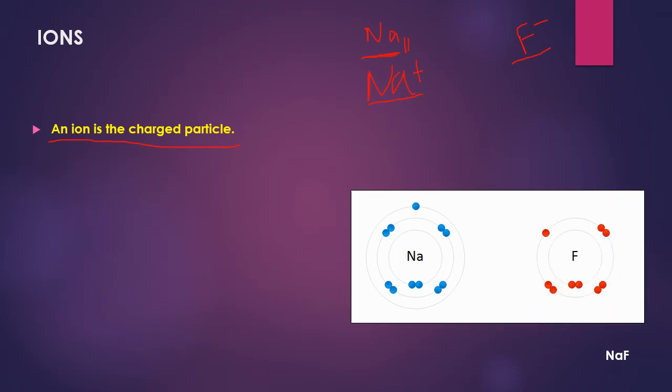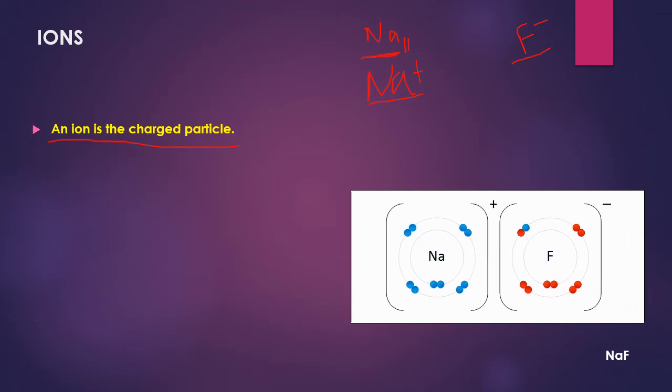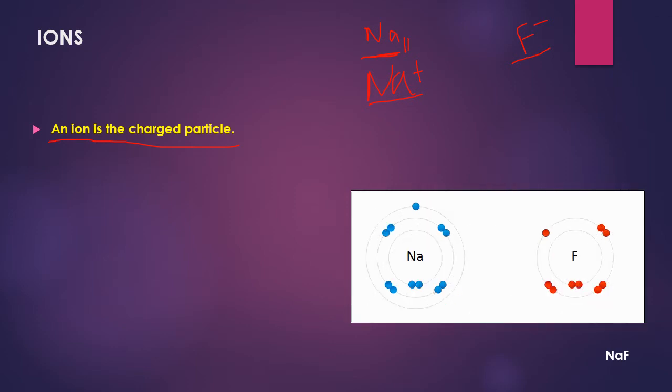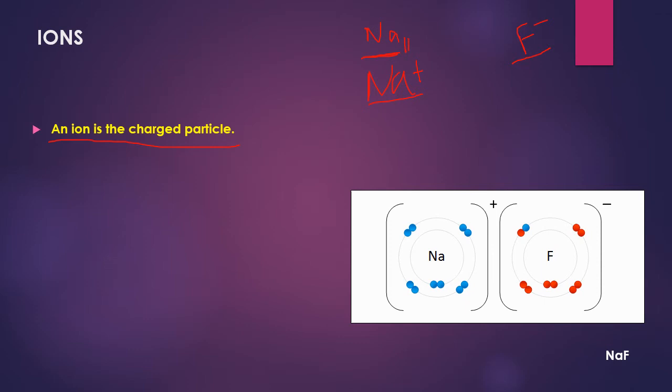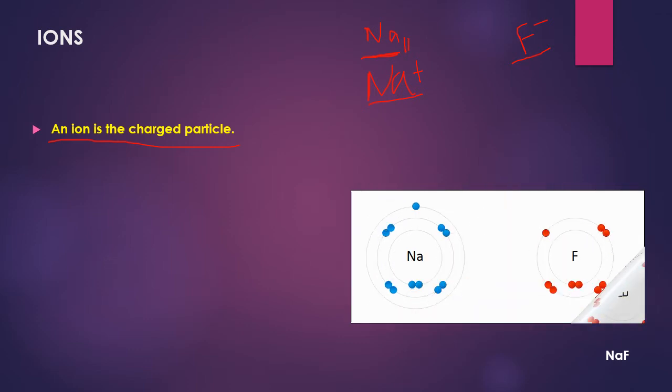Why? You know, number of protons and number of electrons are same inside an atom. So both the particles, proton and electron, they cancel out each other's charges. So that is why atom has no charge. But in ion, one electron is less in comparison to proton in Na plus. So that is why one proton is extra, because it has already donated one electron.